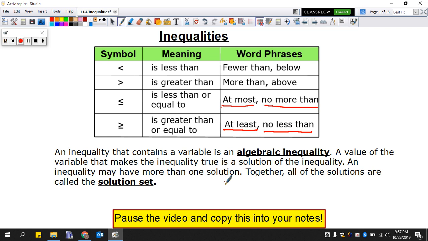So in other words, if I say x is less than 0, that could be any number less than 0, so it's an infinite number of solutions. Together, all of those solutions are called the solution set.